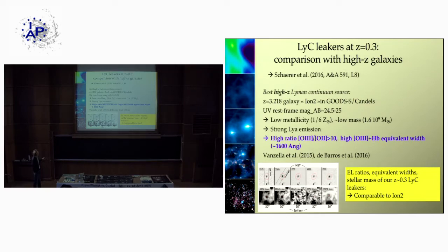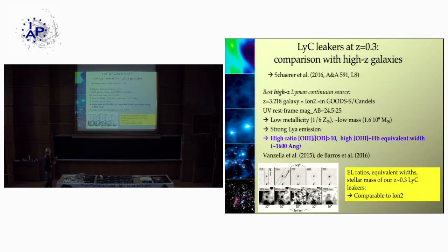And if you observe with X-shooter, you can obtain the O3-2 ratio. You find that this galaxy also has a high O3-2 ratio and high equivalent widths. So a posteriori, you find that this galaxy has more or less similar properties to the ones we were studying at low redshift, at redshift 0.3 or so, which were selected in a completely different way.